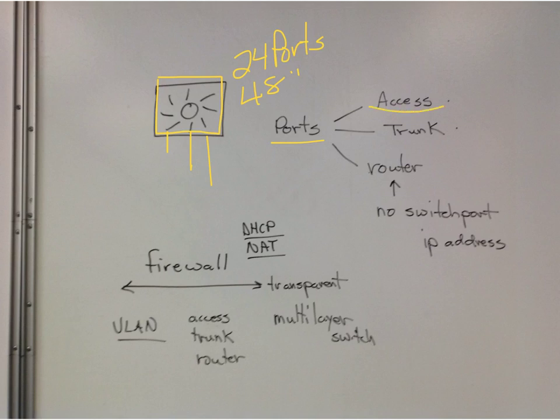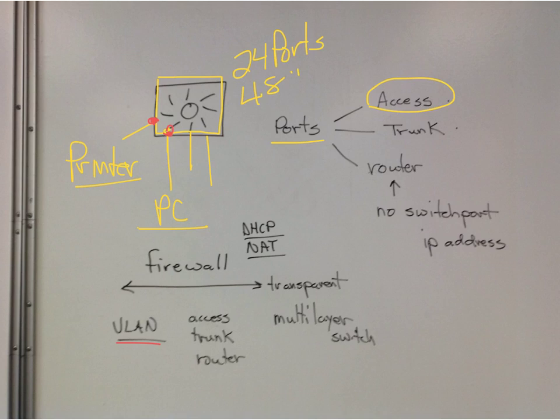The port can be an access port, so you would have something like a PC connected, maybe an access point here with a printer. Okay, so these things can communicate through an access point. And then these ports, let's just arbitrarily pick this, they could be on a VLAN. Okay, so let's say those two are on the same VLAN.